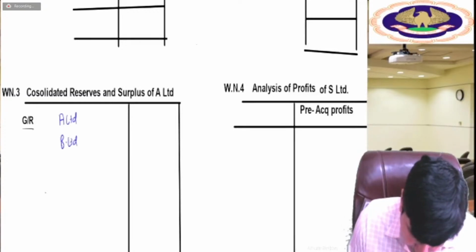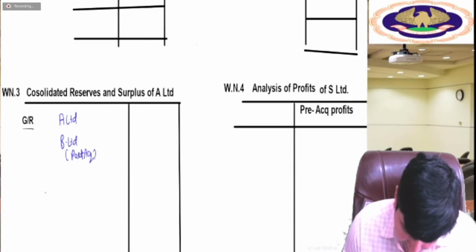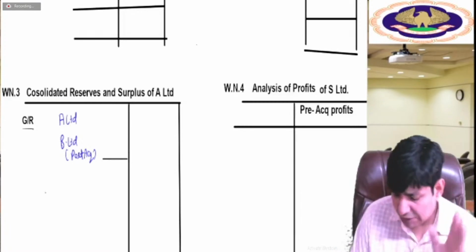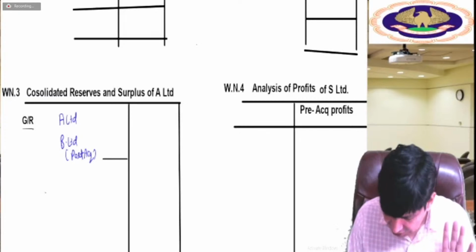But from B Limited, you will get the figure here from post acquisition only, not from pre acquisition. The reserve and surplus may be in post or pre. Pre will be posted to the working note number 1, cost of control. But post period general reserve will be posted here.